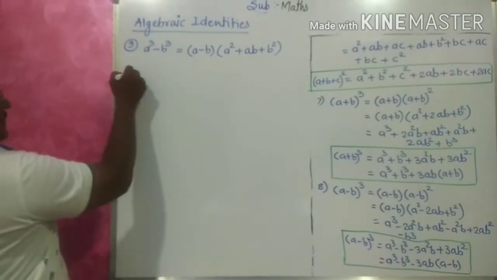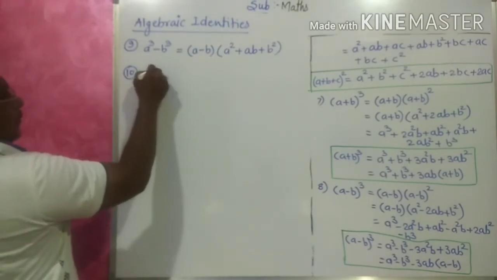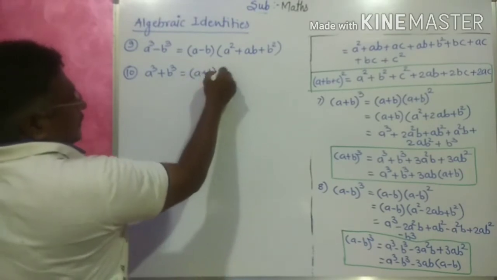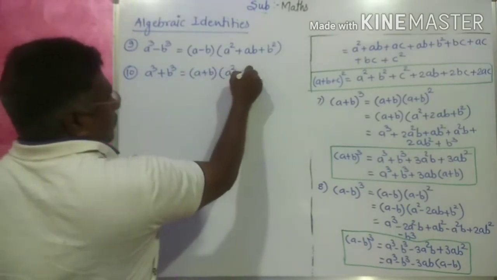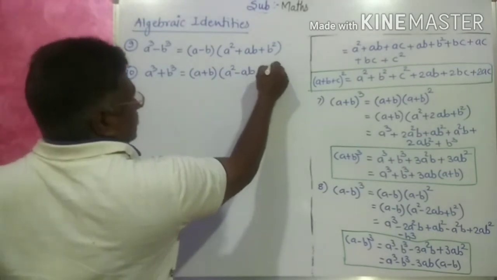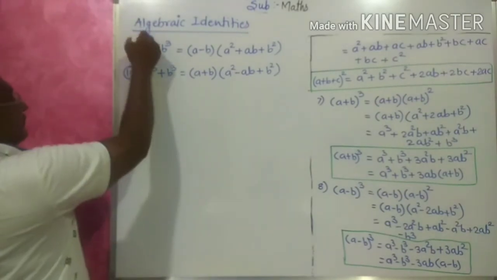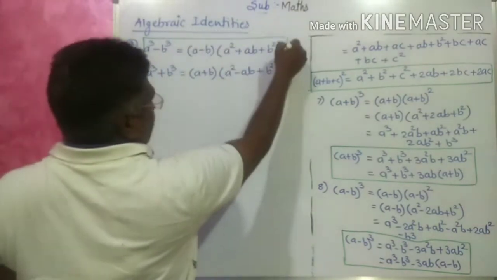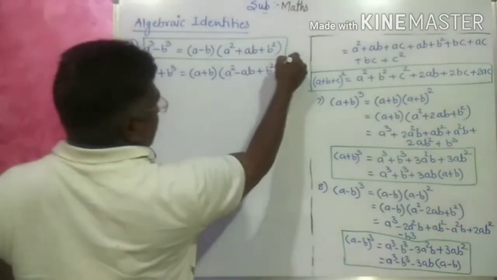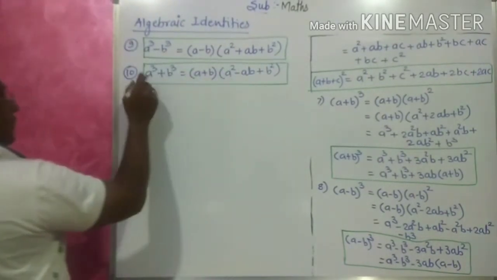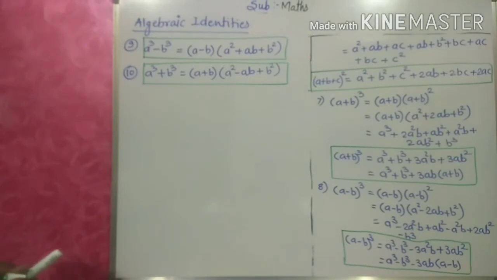So that is the 10th identity: A cube plus B cube means A plus B into A square minus AB plus B square. So these are the 10 identities. Understood student?